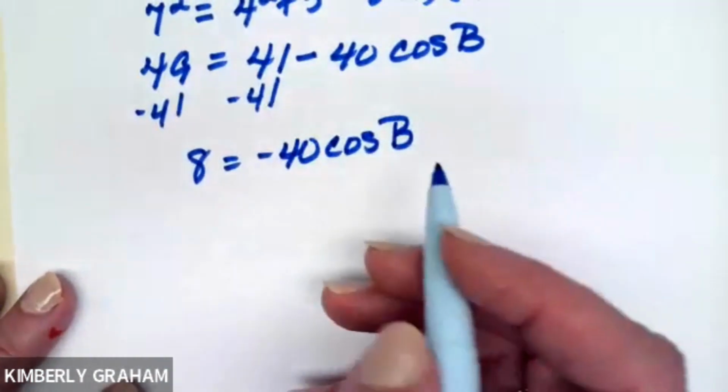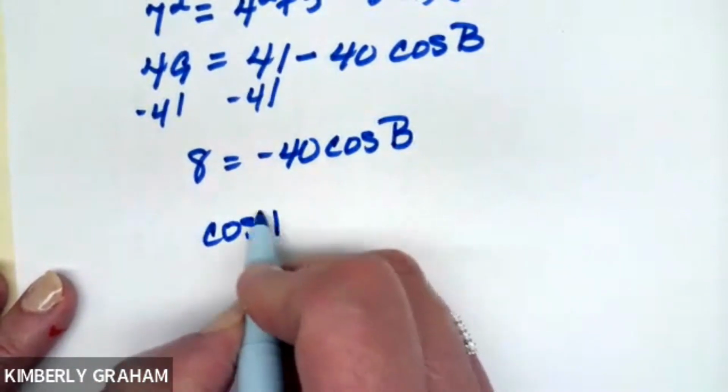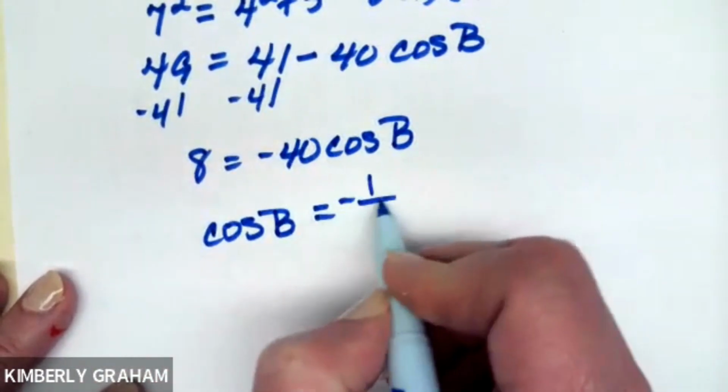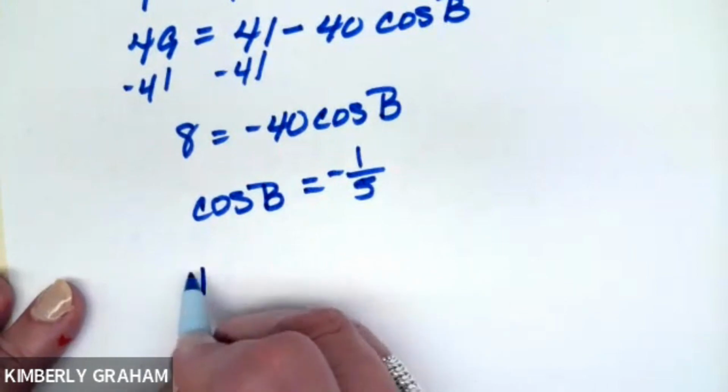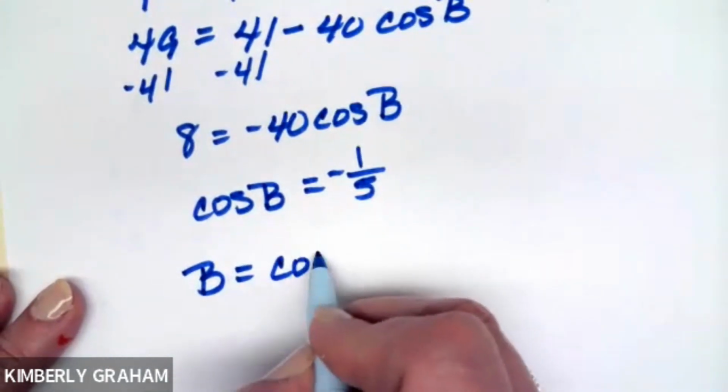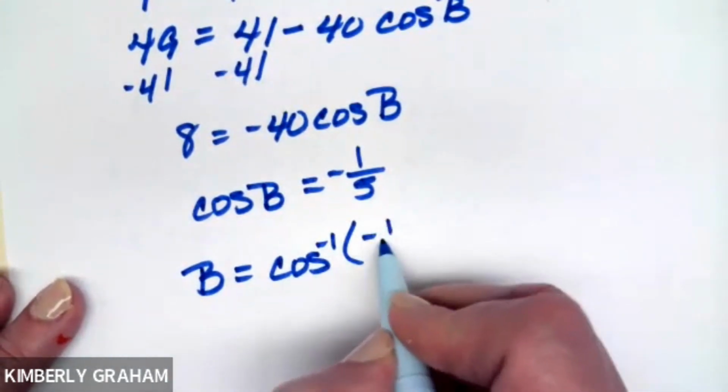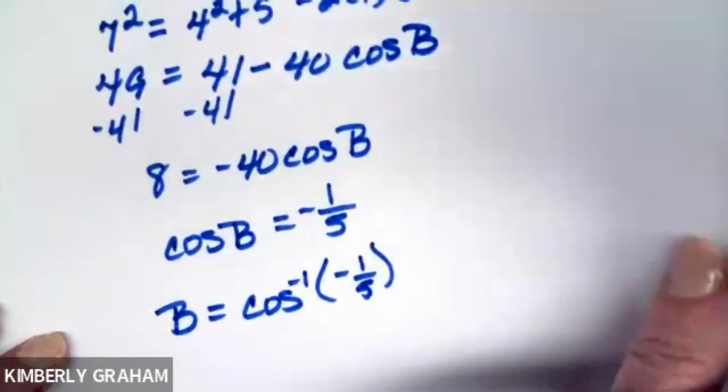Divide by 40. Negative 1/5. So B is the inverse cosine of negative 1/5.